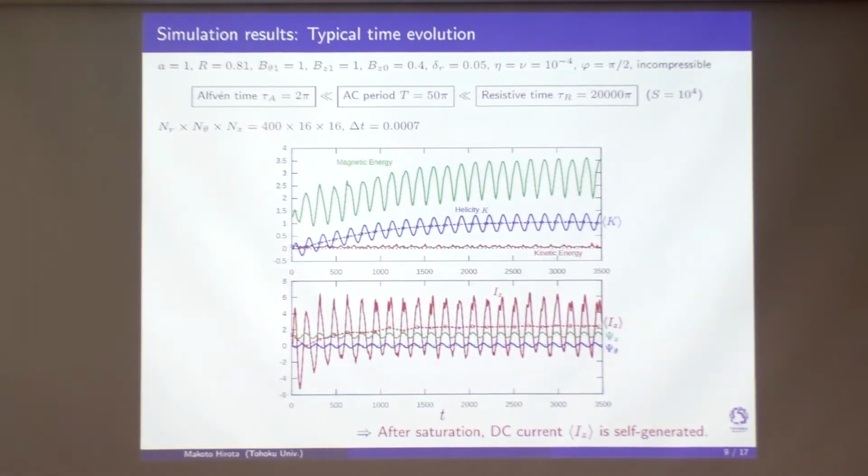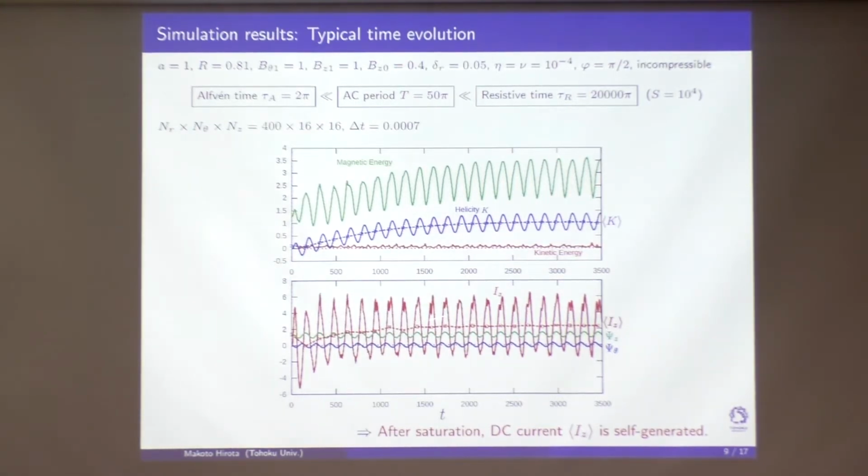And this is the actual time evolution given by our simulation. This is t equals 0, and as time goes, the magnetic helicity increases like this. But finally, this will be saturated at a certain level.